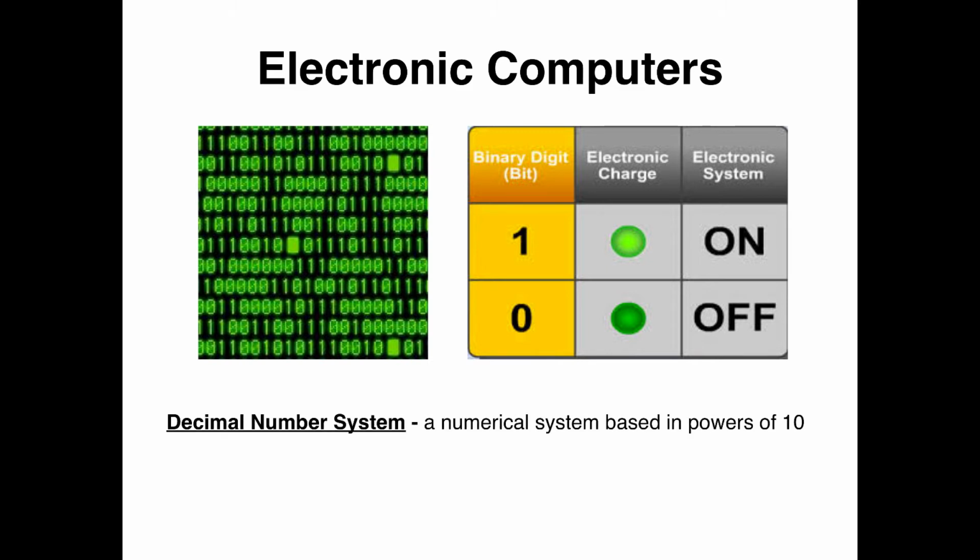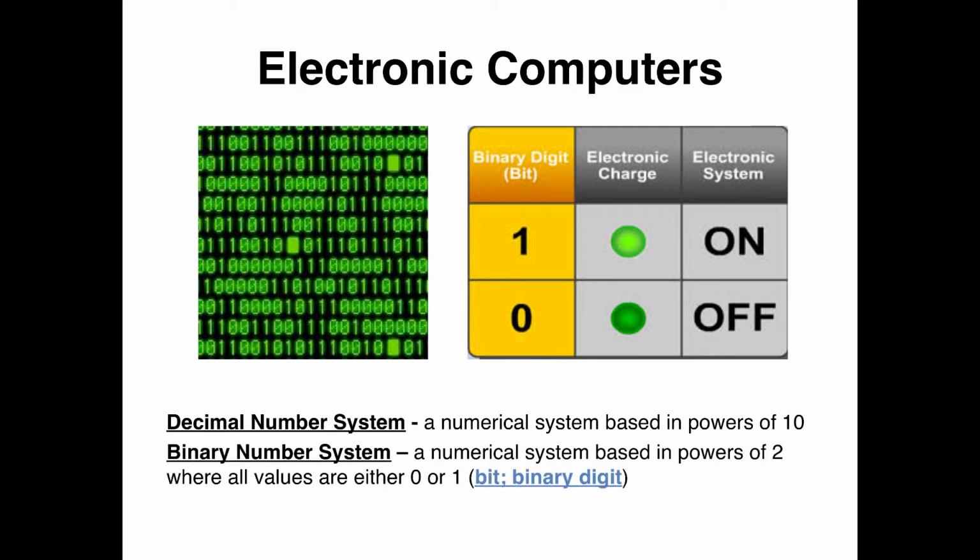So the reason this is important is because it's built on a decimal system or a numerical system. Now, our system is a decimal system that's built on the powers of base 10. And you understand what that means. That means 10 to the 1 power is 10, 10 to the 2 power is 100, 10 to the 3 power is 1,000, etc. Computers are built on a binary system where something is in a power of 2.